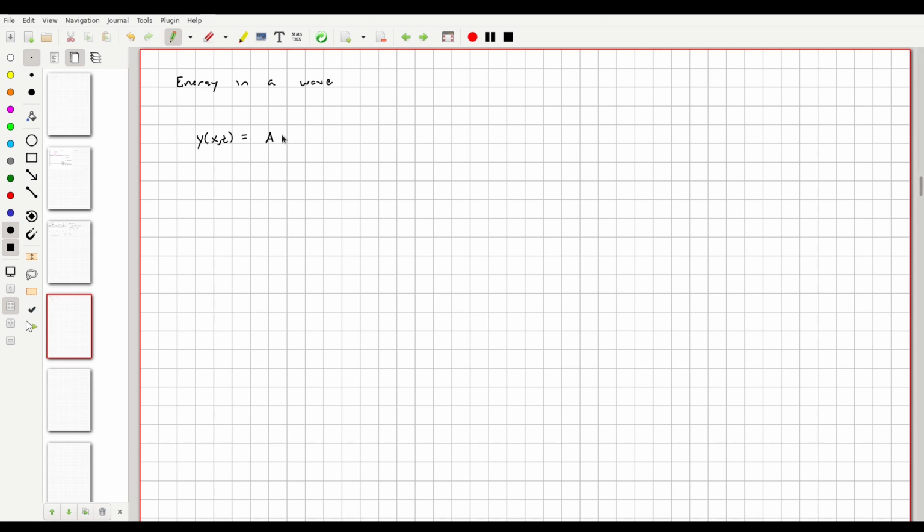And it looked like this: it was A times sine of kx plus or minus omega t. Now remember, plus refers to a wave that's moving to the left, and minus refers to a wave that's moving to the right.